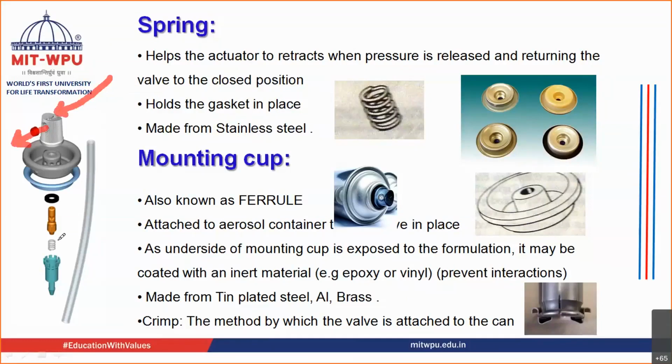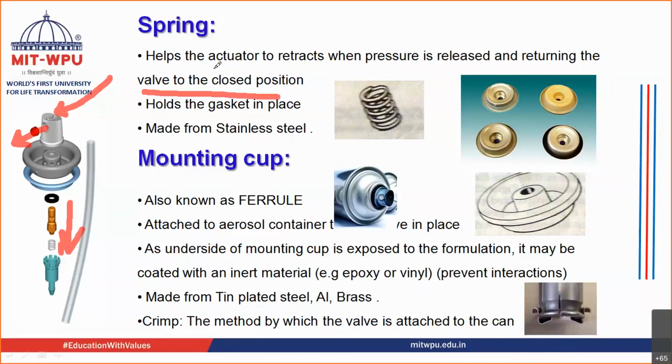When you are applying the pressure, this spring is contracted. As soon as you release the pressure, this spring moves up, whereby the stem moves up and the actuator also moves up. And then it causes the closing of the valve.